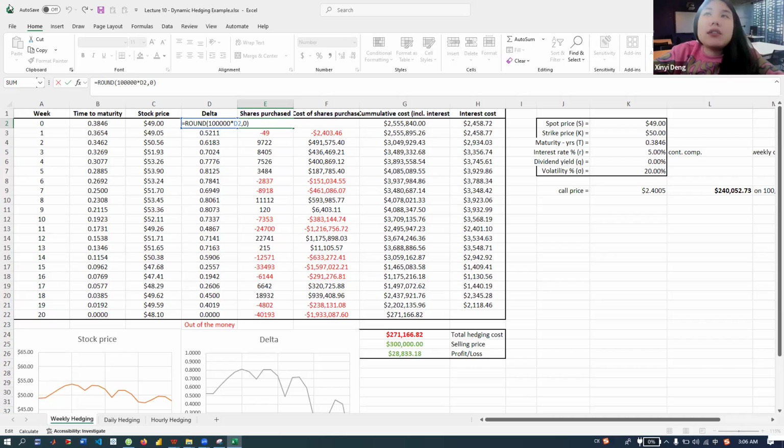And we know that for the underlying, the delta is equal to 1. So if we substitute delta equal to 1 and 100,000 shares into the portfolio data, we'll get that the shares in the underlying should be 100,000 shares times D2 times the delta of our short position in the call.